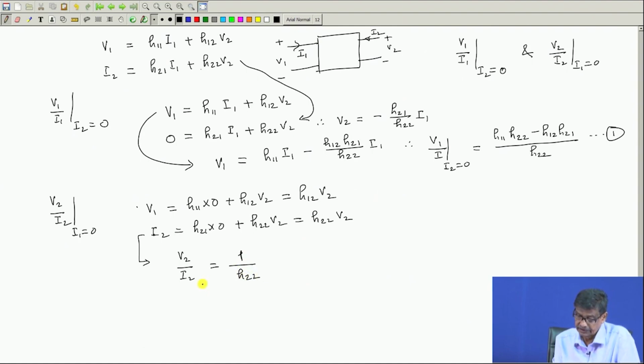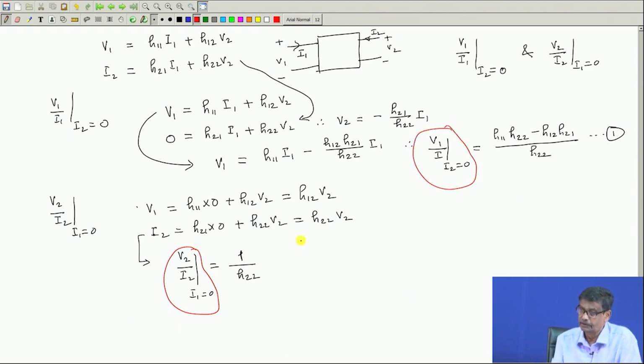Therefore, the condition is with I 1 equal to 0, and I know that for this two port network to be symmetric, this ratio and this ratio must be equal.